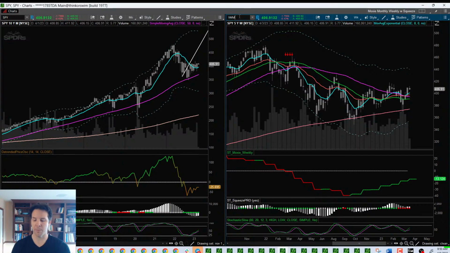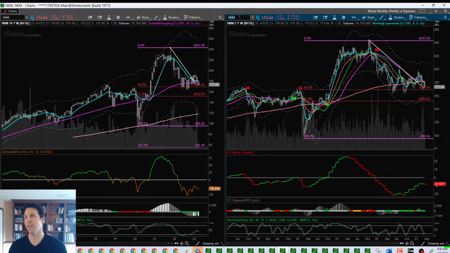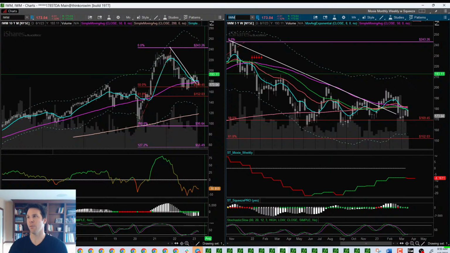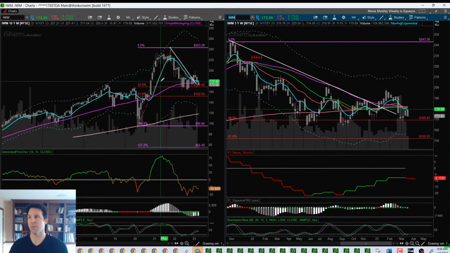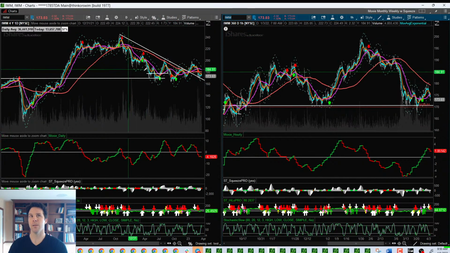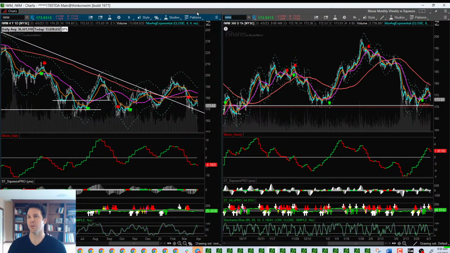Now, Austin, if we do look at the IWM, and unless the IWM really does fall over and make new lows, let me come over here to this time frame. I will just say that unless this time is different, and maybe it is, I don't have enough information yet, but what I can show you is each time that price really gets very oversold, it does tend to bounce and at least move up.